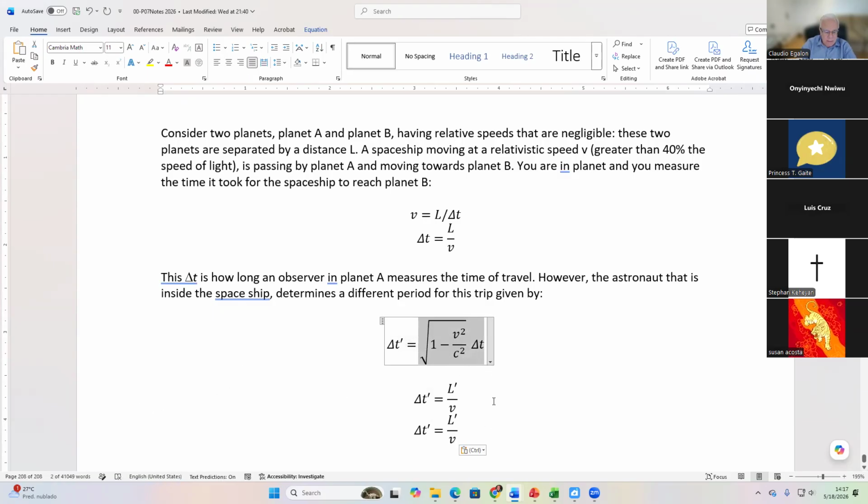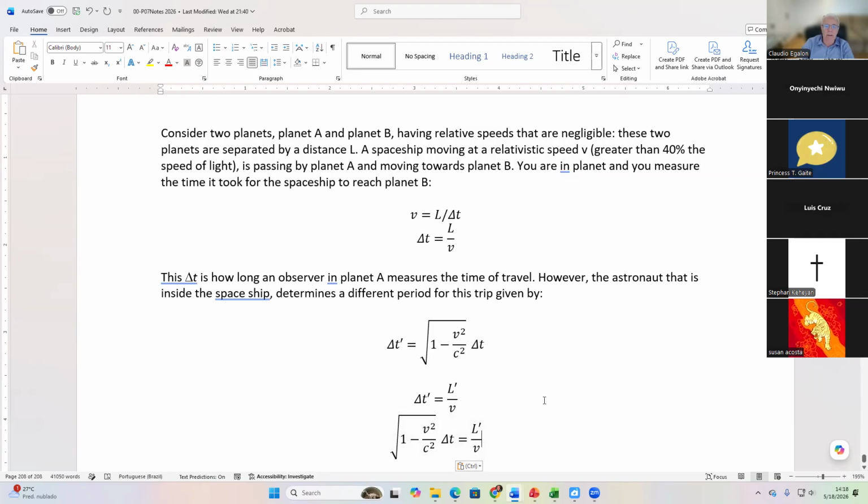On the left side of the equation, delta t prime. And what else can I do? I can use this relationship that you see right in here. Why do I do that?